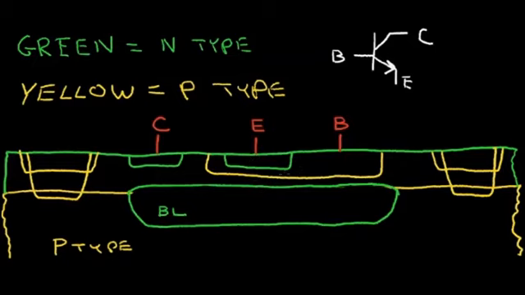One thing to notice is that underneath the emitter, the base region is very thin. And that is so that the electrons that get emitted into this base will diffuse over into this collector region.